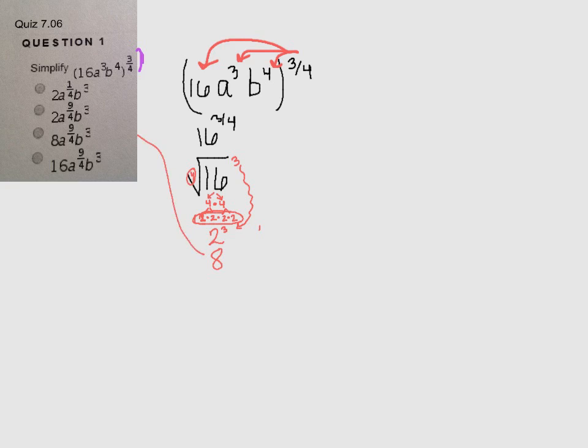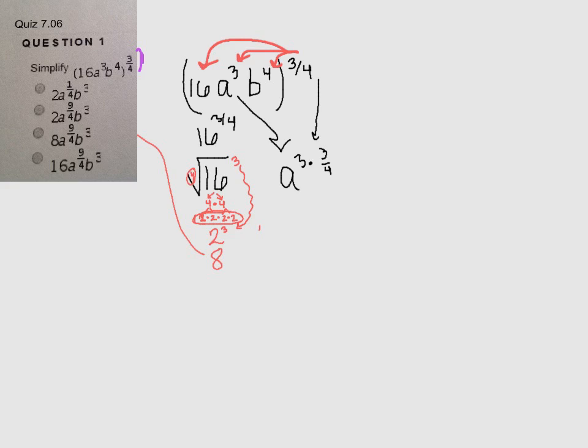Now we could stop here, but we really didn't do the rest of the problem. So I'm just going to show you really quick how to do the rest. Let's move on to the a piece. So we have a to the 3rd power, but now we're going to bring the 3/4 power onto it. So we're going to go times 3/4. How do you multiply a fraction with a number that's not a fraction?